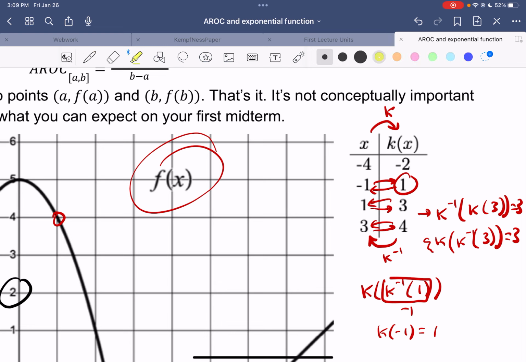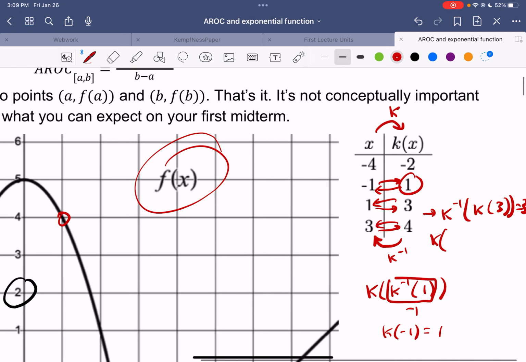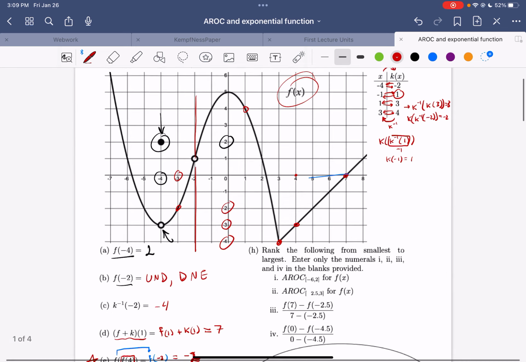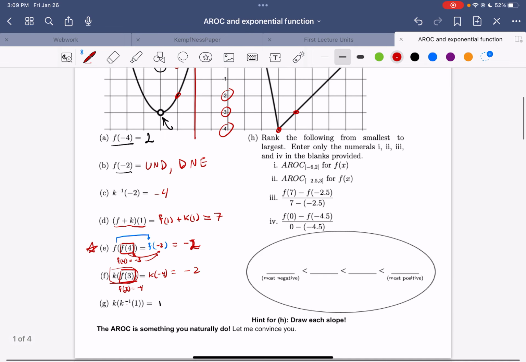So let me change this one, and maybe I could write it as k of k inverse of -2. Great, so that's -2. So now since k inverse happened first, we went here, and then k brought us back. All right, whatever. So that was just one, and we've already done this one. I just happened to erase it.